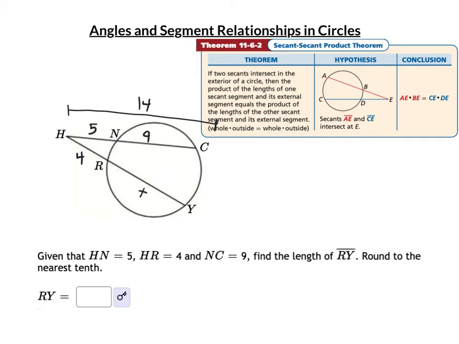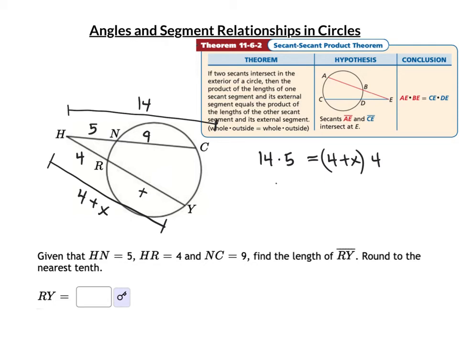This is our X. If RY is X, the entire length then, HY, would be 4 plus X. The theorem says when you have two secants that intersect like this, that the whole length, 14, times the outside piece, 5, equals the whole length, 4 plus X, times the outside piece, 4.